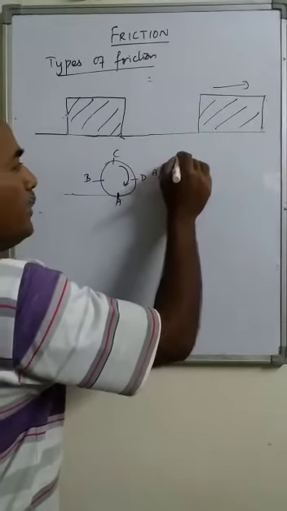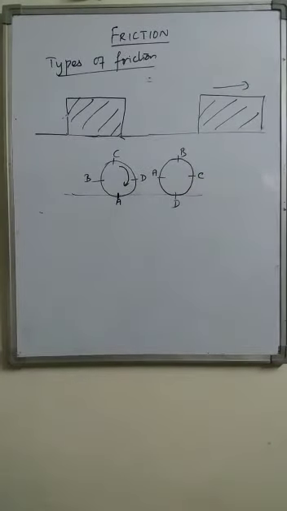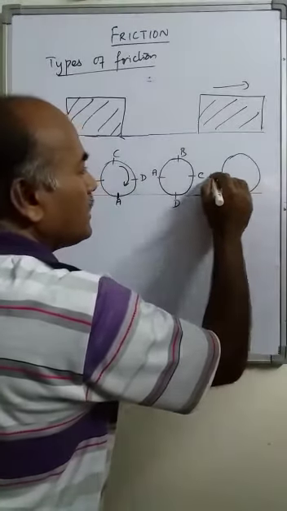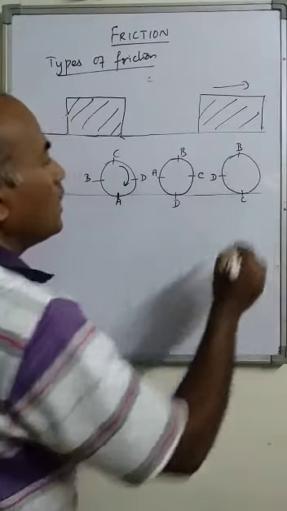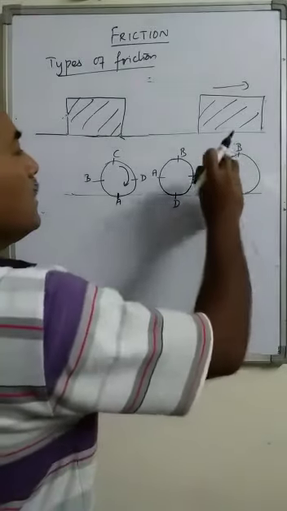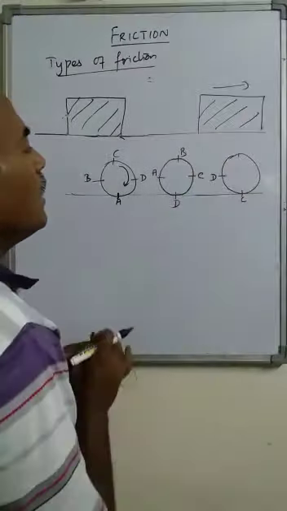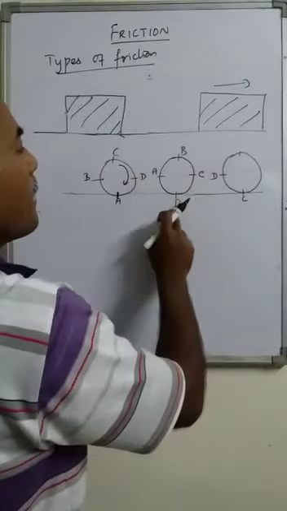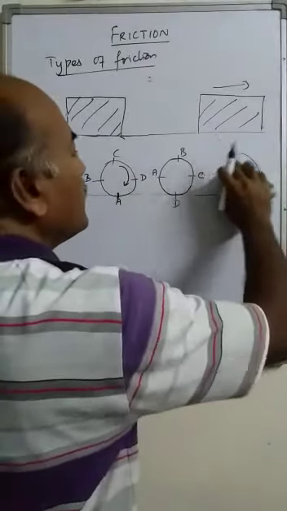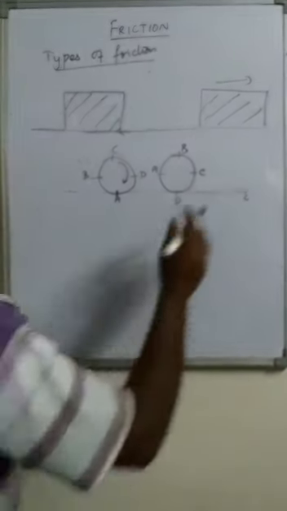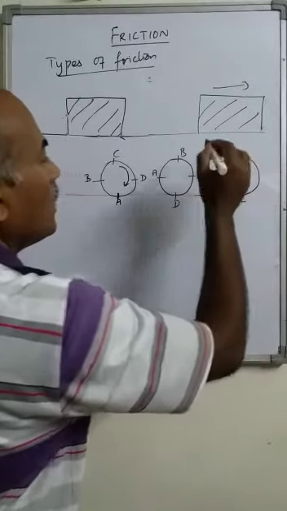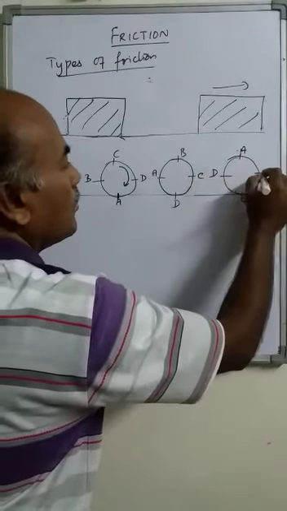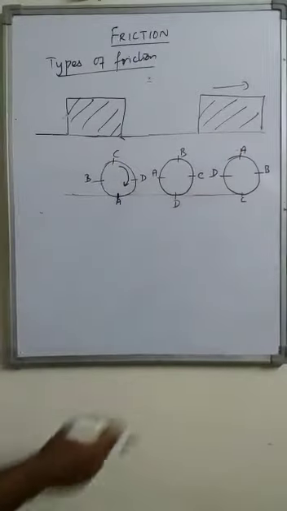A will come here, and B, C. In the next instant, C will be in contact. And then B will come in contact.